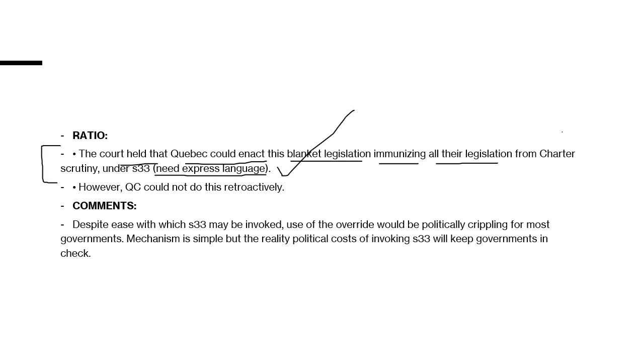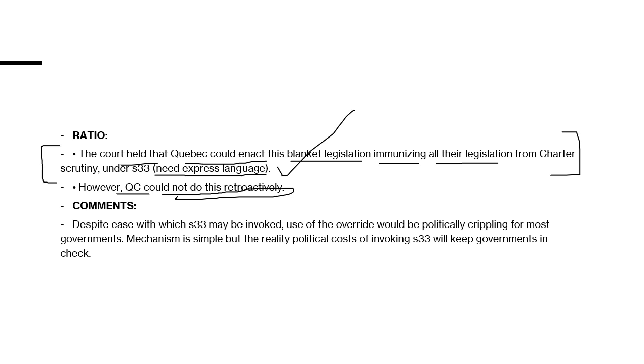They cannot just go by confusing terms. However, Quebec could not do this retroactively. They can bring such legislation if they want, but firstly they have to change the language and expressly mention what rights they are going to override. Secondly, they cannot do this retroactively; they have to follow it prospectively.